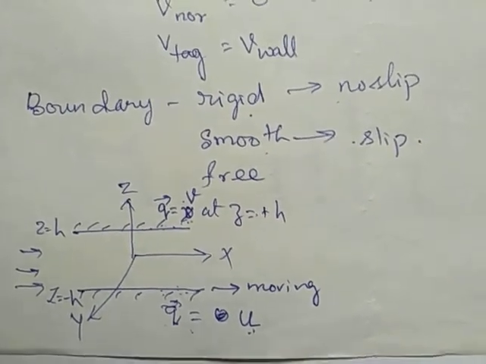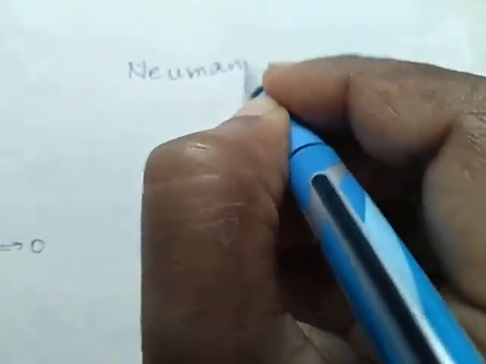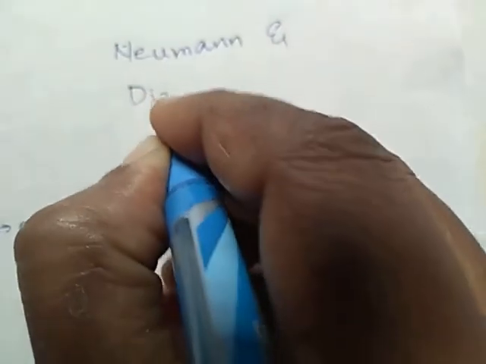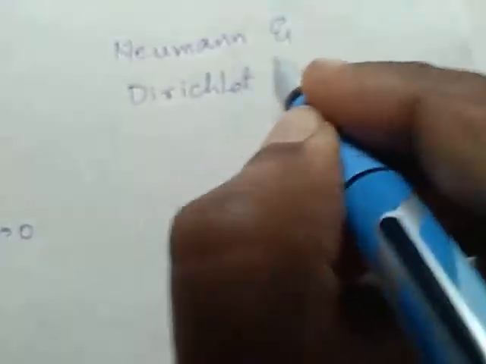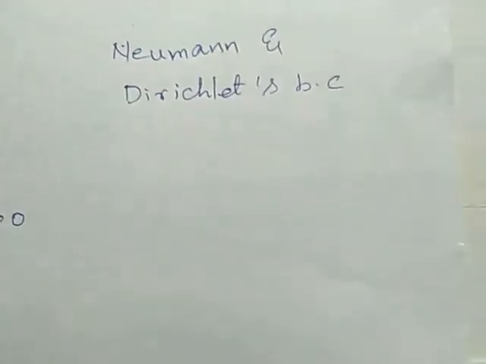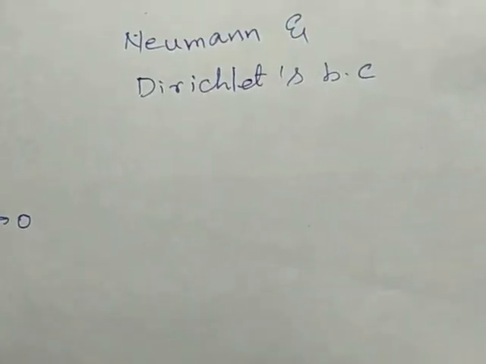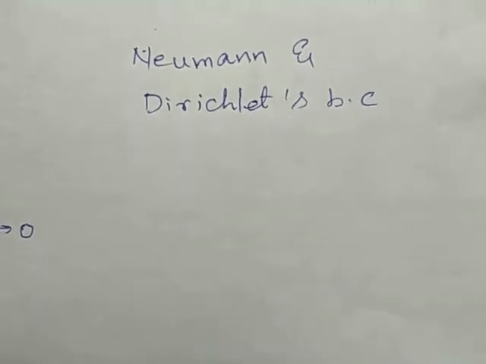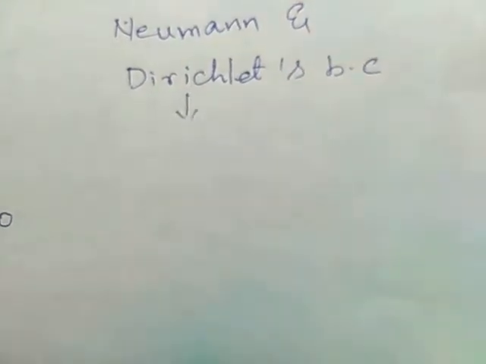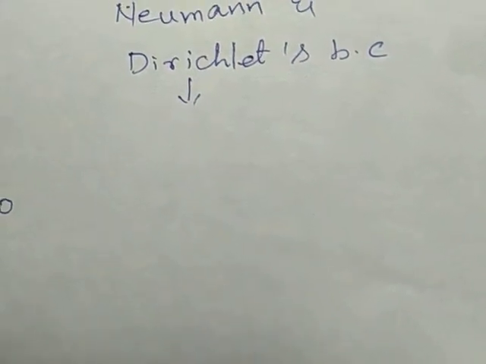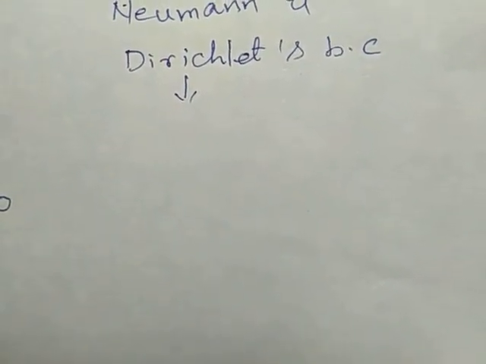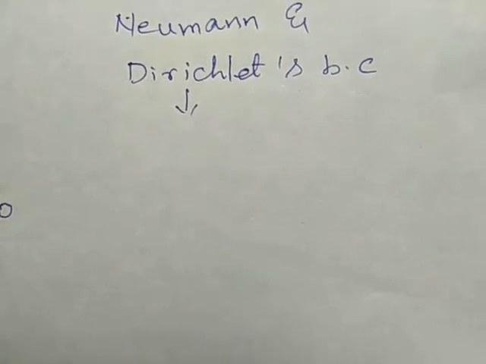Now we are going to study what Neumann and Dirichlet's boundary conditions are. First I would like to explain what Dirichlet's boundary condition is. Using Dirichlet boundary condition, one describes the value of the velocity variable at the boundary.